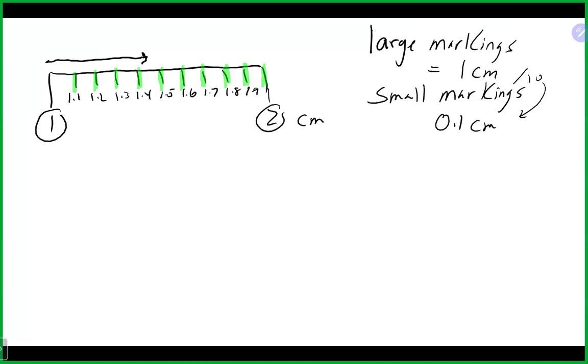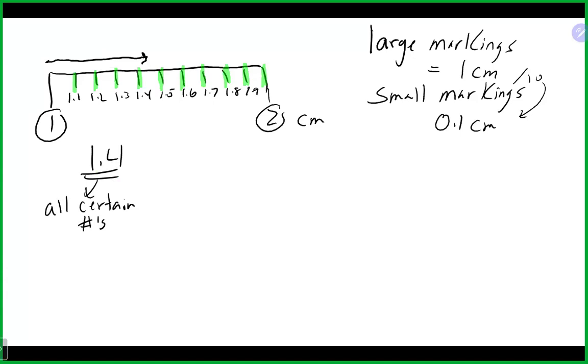It is at least 1.4. So you want to record 1.4. This is what is sometimes referred to as recording all the certain numbers. So whenever you take a measurement, you want to record all of the certain numbers. And again, those should be numbers that everybody should agree upon.